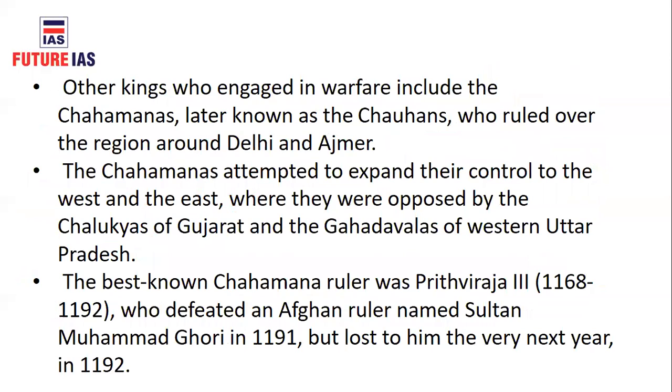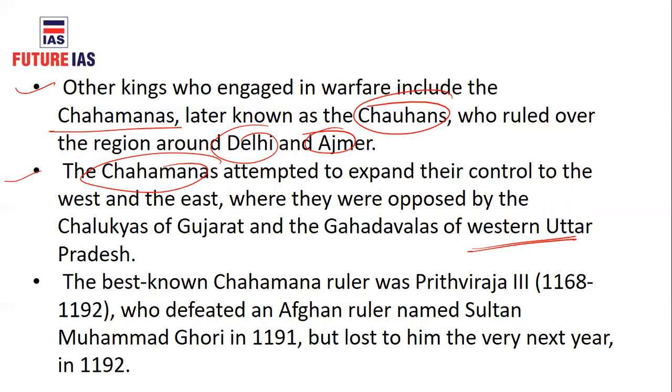The other kings engaged in warfare included the Chamanas, later known as Chauhans, who ruled the region around Delhi and Ajmer. The Chamanas started attempting to expand their control over the west and east, and faced stiff opposition from the Chalukyas, who were ruling Gujarat, and the Gandhewalas, who were ruling western Uttar Pradesh.